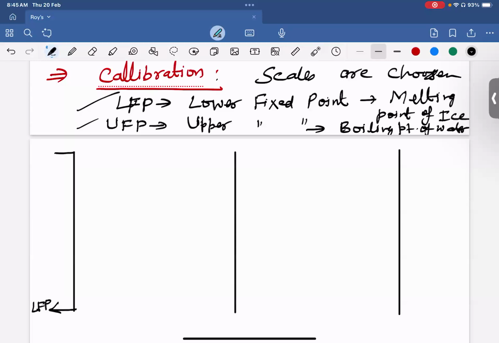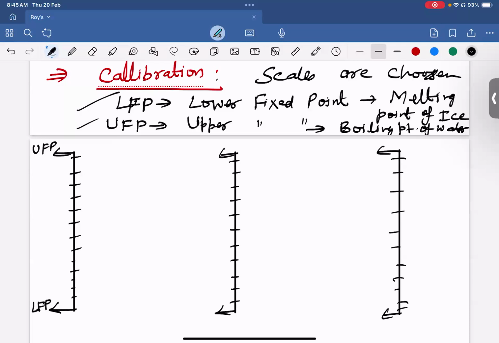Here I use upper fixed point. That will be in all kind of scales that we are using. And then first we choose these 2 points, and then we divide the scale into some subscales, that is the lines, the intervals that we are dividing the difference between lower fixed point and upper fixed point, like this.